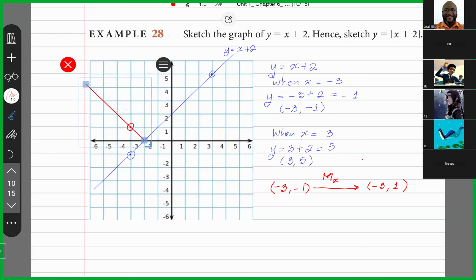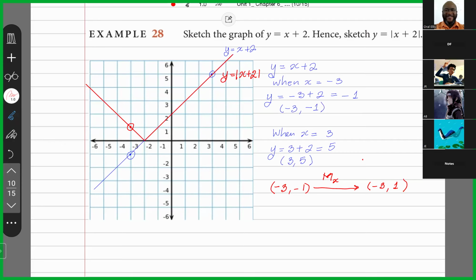All right, that's one half of the graph, and this would be the other half. The blue graph was y is equal to x plus 2. The red graph would be y is equal to the mod of x plus 2.